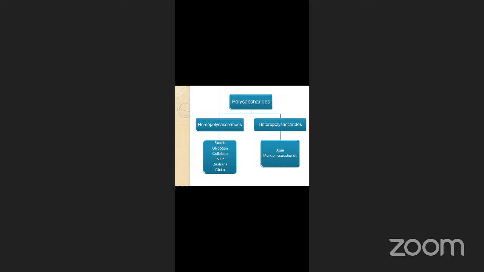Examples of homopolysaccharides are starch, glycogen, cellulose, inulin, dextrans, chitin. Heteropolysaccharides are agar and mucopolysaccharides. These are the examples.